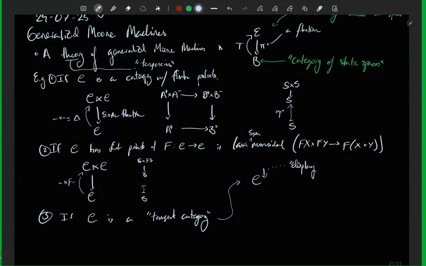We need this to be a fibration, so we need some kind of notion of map that pulls back. So we can say with display maps that are stable under pullback.